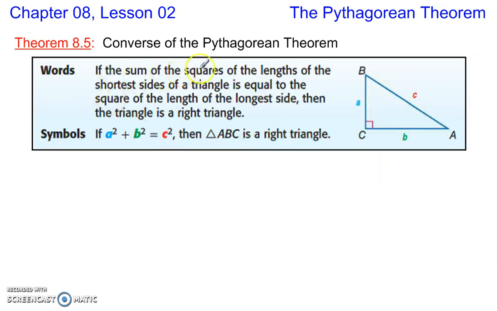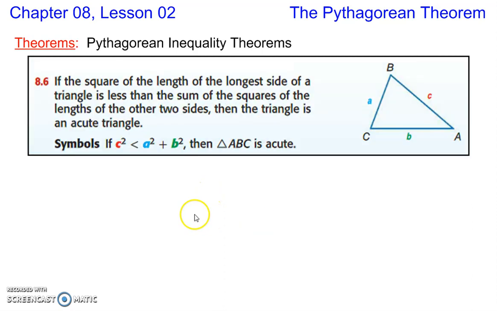Then the converse Pythagorean theorem tells us that if c squared is the sum of a squared and b squared, then it is a right triangle. On the other hand, if c squared does not equal a squared plus b squared, then it is not a right triangle. Now, we can find out even more than that.